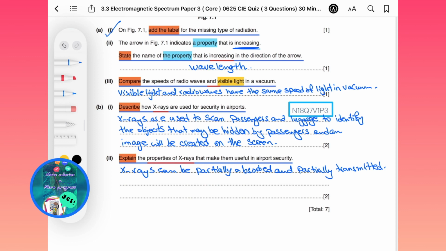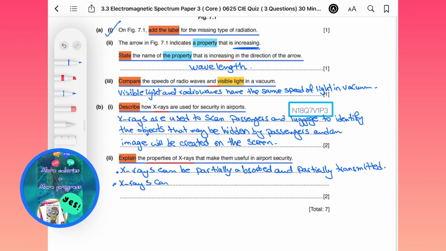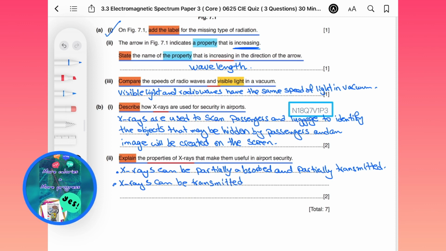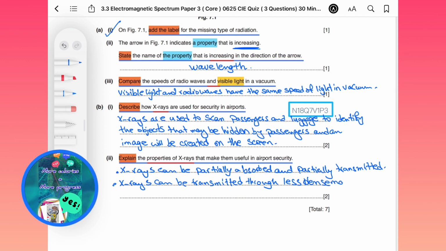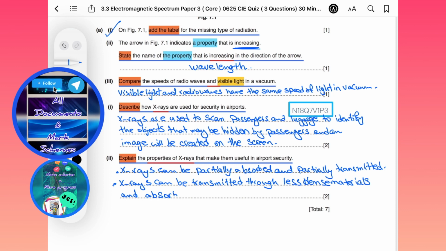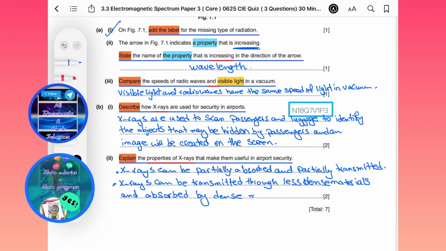Okay, X-rays can be transmitted through less dense materials and absorbed by dense materials.